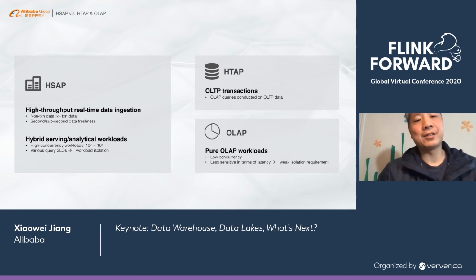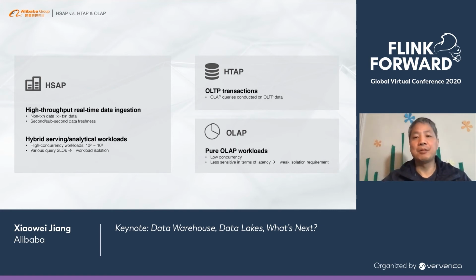Here, I make some quick comparison between HSAP versus HTAP and the OLAP system. From time to time, there may be a need to analyze data stored in a transactional database. The traditional way of doing that is to synchronize this data into an OLAP system and do the analysis in the OLAP system.